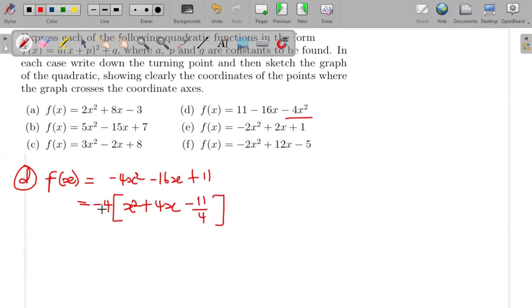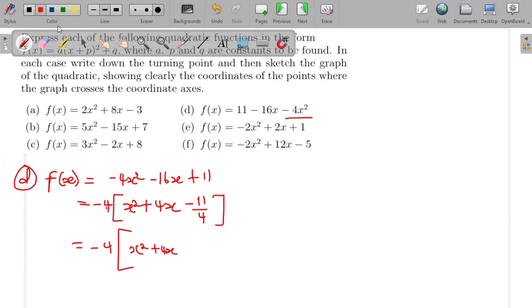So make sure that when you multiply this and this gives you that. This and this gives you that. Okay? This and this, it gives you that. Okay, and then now we can complete the square. So this will be minus 4, and then inside here, we write x squared plus 4x.